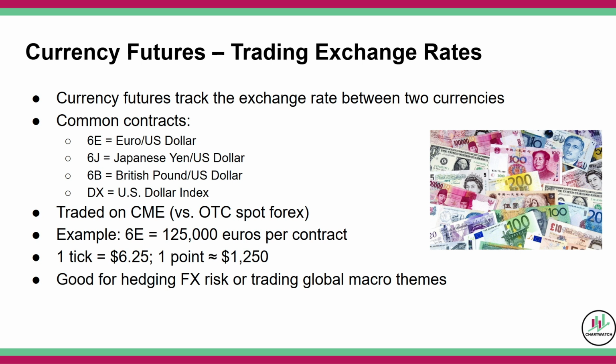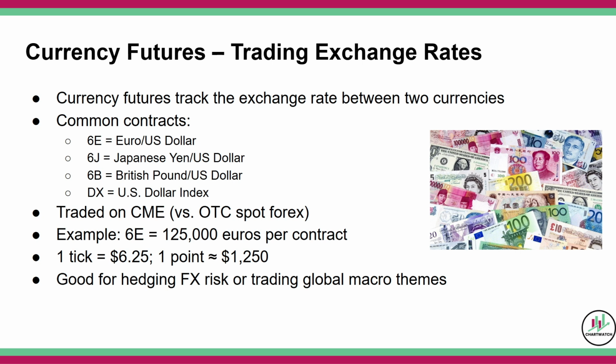Currency futures are standardized and traded on the CME, unlike spot forex, which is traded over the counter. This gives futures traders the benefit of centralized pricing, regulated markets, and clear margin and tick rules. Some of the most actively traded currency futures include 6E, which is the euro to the US dollar, 6J, which is Japanese yen to the dollar, 6B, British pound to the dollar, and DX.